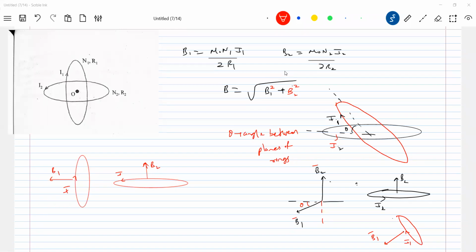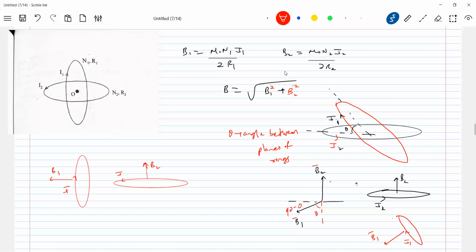See, you do one thing. Compare this with this diagram. How much should you rotate the ring I1 so that B1 bar should be horizontal? 90 minus theta. This much angle you should rotate, no? So therefore, this should be theta. This should be 90 minus theta. So this will be theta actually.